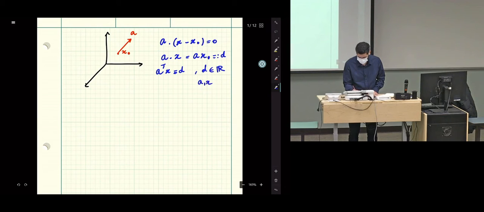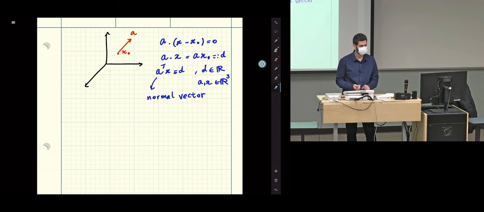A and x are in 3D space. So A is a vector. It's called the normal vector. So this is the normal vector of the plane, or in general, we have the normal vector of the hyperplane later. And x is any point in 3D.